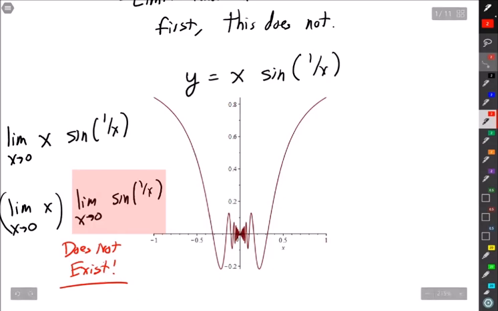As I pick points closer and closer to 0, the y value is going in towards 0. That's what this graph is telling me here. So the limit should be 0, but based on our normal product rules for limits, we don't even know the limit exists. We have no way of saying that from this outset here.